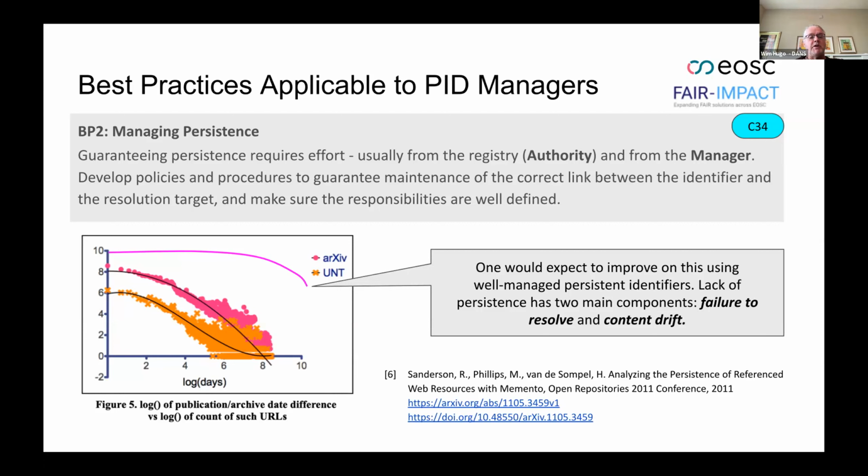The other important part is that the persistence element of persistent identifiers takes effort. There is no persistent identifier that will remain persistent and resolvable without effort, and that effort costs money. So while we are quite correct to insist that it's free to the end user, the cost of the persistent identifier ecosystem needs to be borne somewhere.